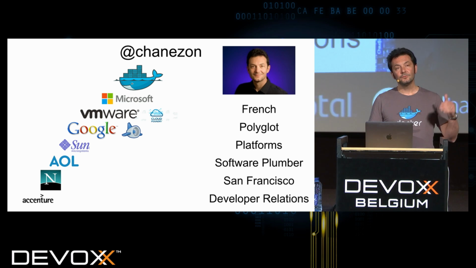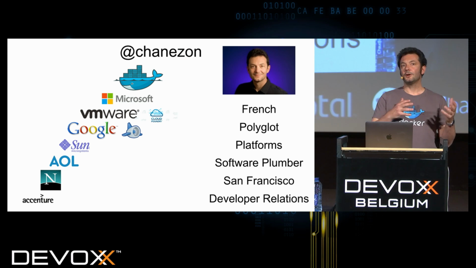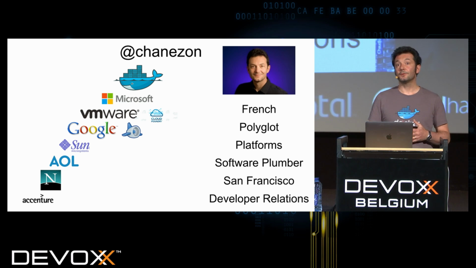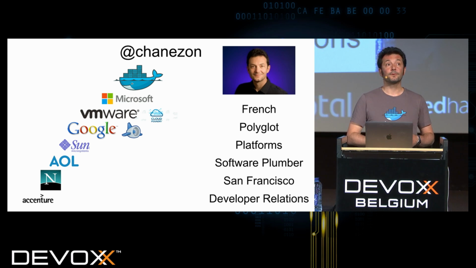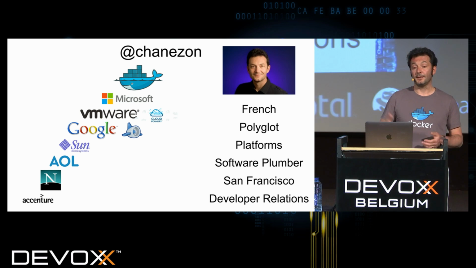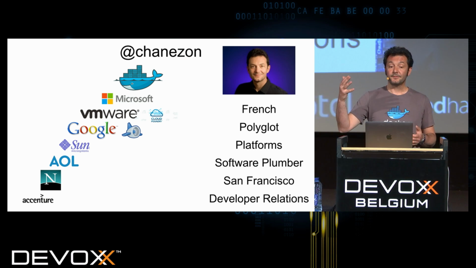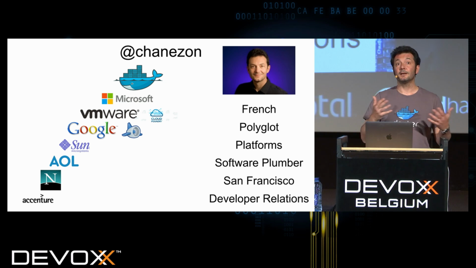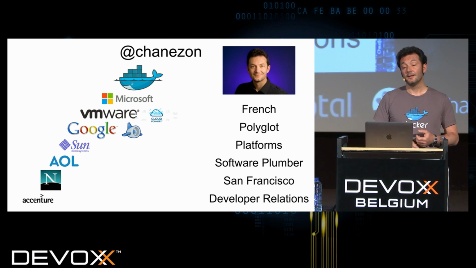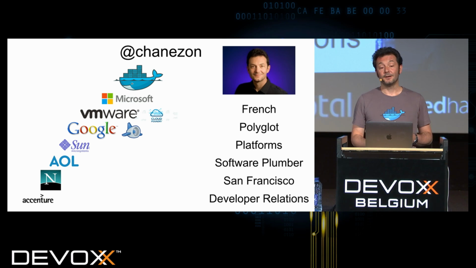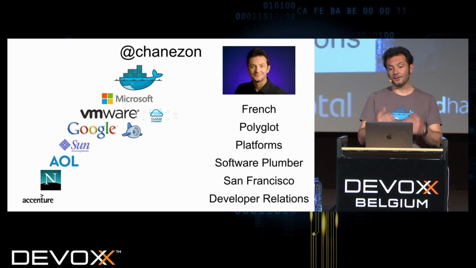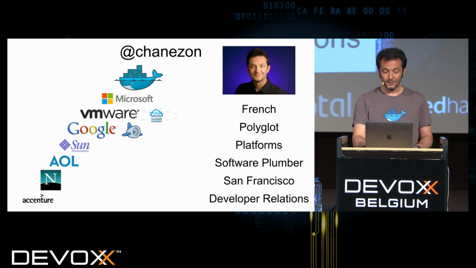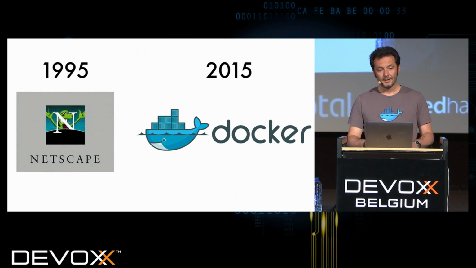My last project at Google in developer relations was to create the developer relations team for Google App Engine and what became Google Cloud Platform. Then I left Google to join VMware, where I was in charge of Spring and Cloud Foundry developer relations. Then at Microsoft, I've done Azure and started to do Docker. And then at Docker, I'm working with Solomon on the future of the platform.